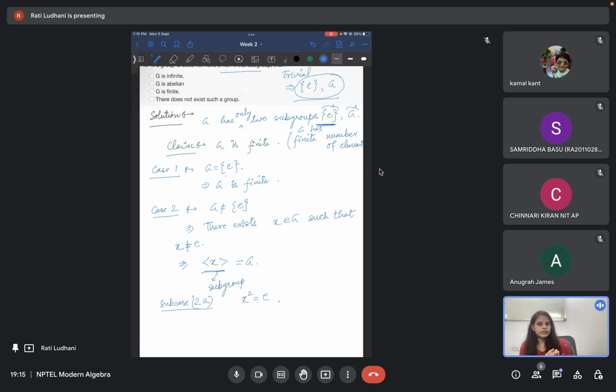If x square is identity, that means this set is just x and x square, and x square is the identity, so you have just the set x, identity, and you know that this is G. So you have just two elements, G has two elements. So again G is finite.